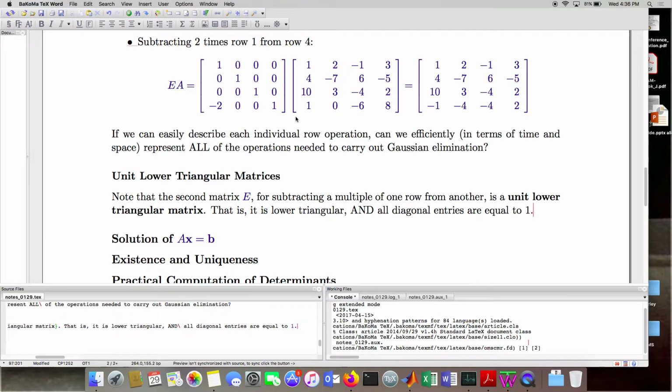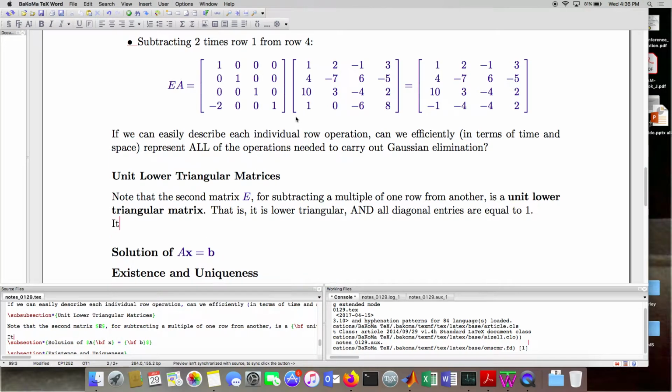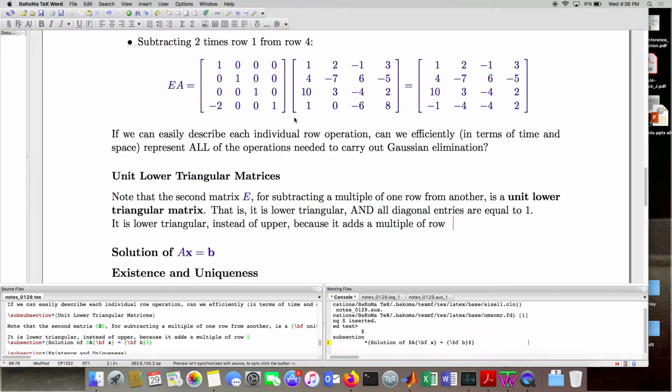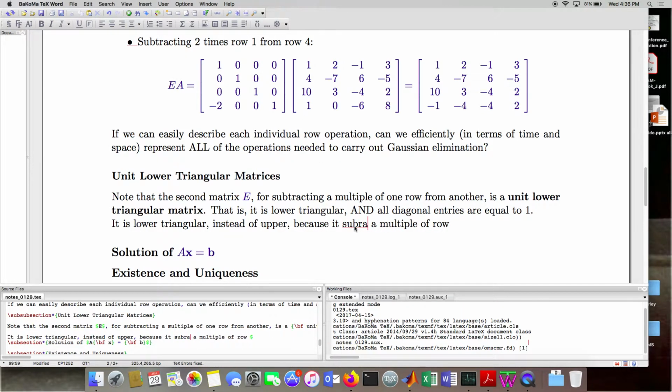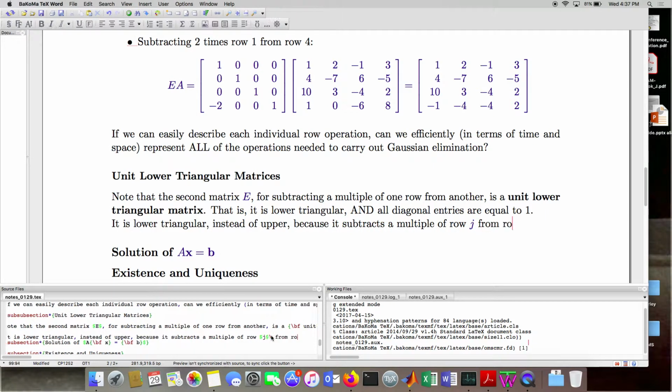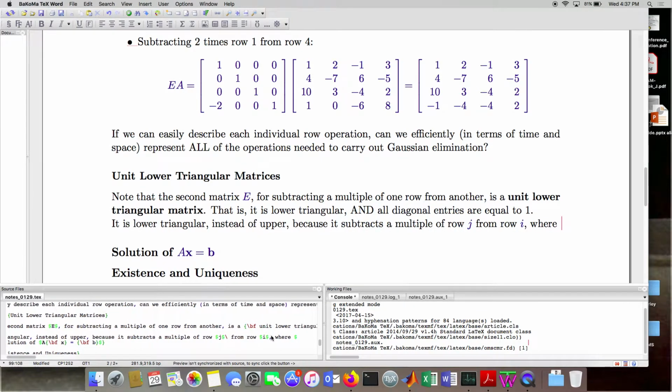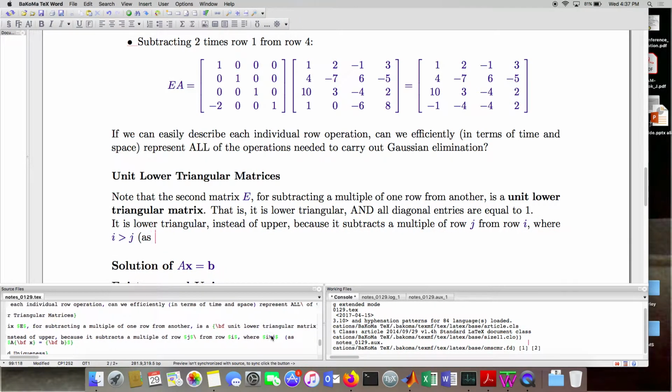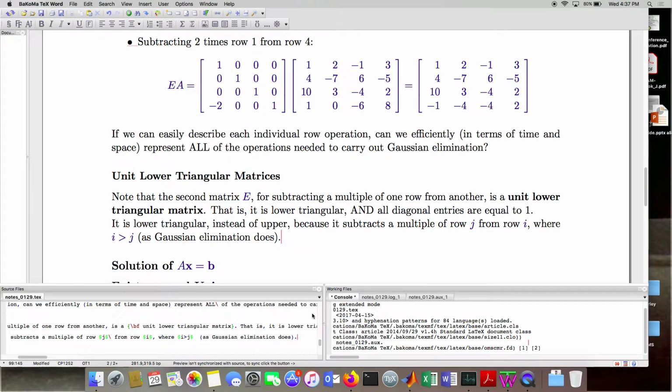Now, the other thing I want to point out is lower triangular instead of upper, because it subtracts a multiple of row J from row I, where I is greater than J. And Gaussian elimination always does that.